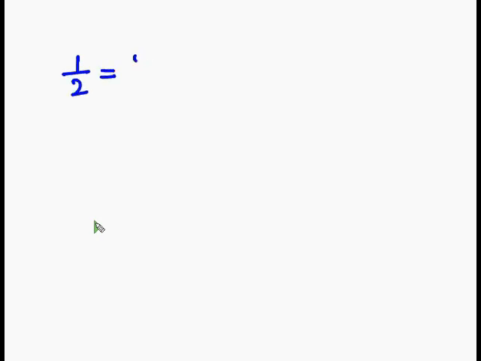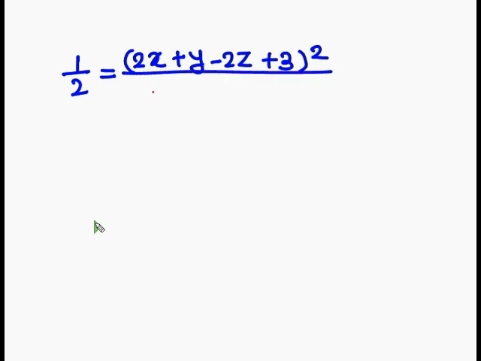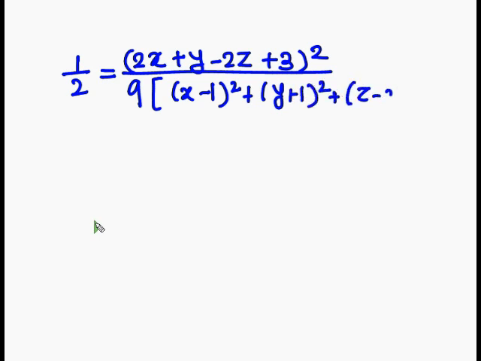So by simplifying the numerator we get 1 by 2 is equal to (2x plus y minus 2z plus 3) the whole square divided by 9 in bracket (x minus 1) square plus (y plus 1) square plus (z minus 2) square. So if you observe, here we have to multiply this denominator to the numerator and this denominator to this numerator.